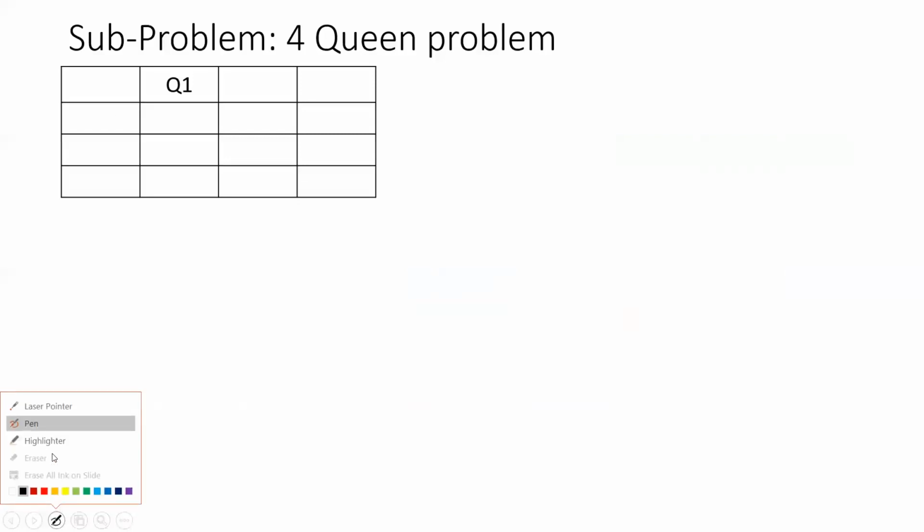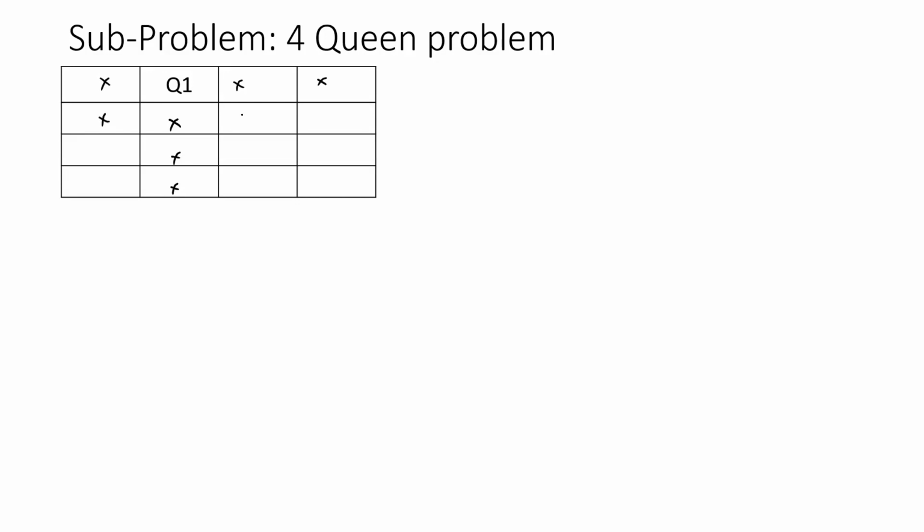We can have another go at the same problem, and if I start with the second column, then all these locations are invalid because of the row, column and diagonal constraints. So I can place Q2 here, and this and this row is not valid.